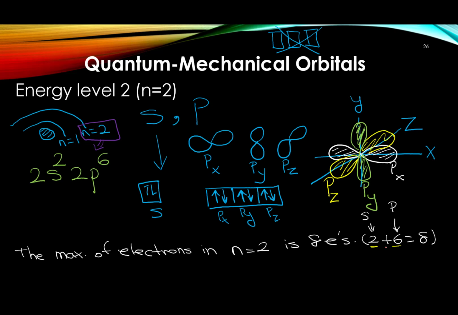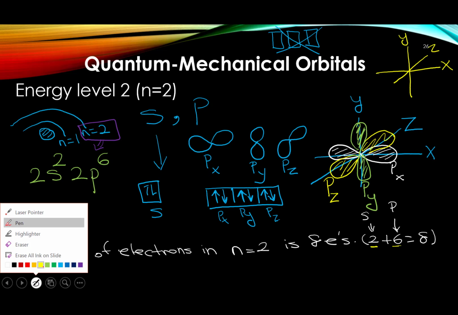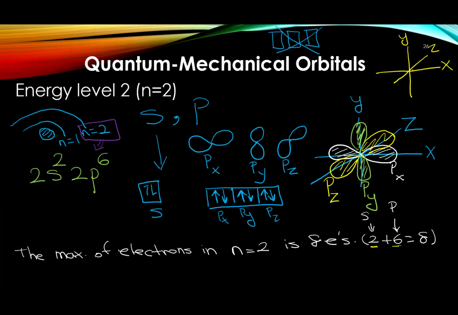Also, you can draw 2p and 3p orbitals, just like s. For example, let's talk about px.